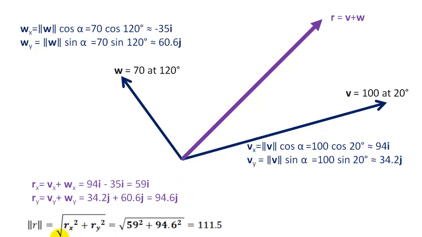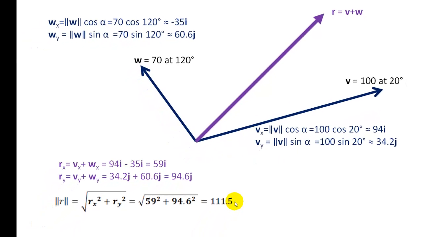To find the magnitude of the resultant force, we take the square root of the magnitudes of the vertical and horizontal components squared, so it's the square root of r sub x squared plus r sub y squared, Pythagorean theorem. Square root of 59 squared plus 94.6 squared, which is approximately equal to 111.5.